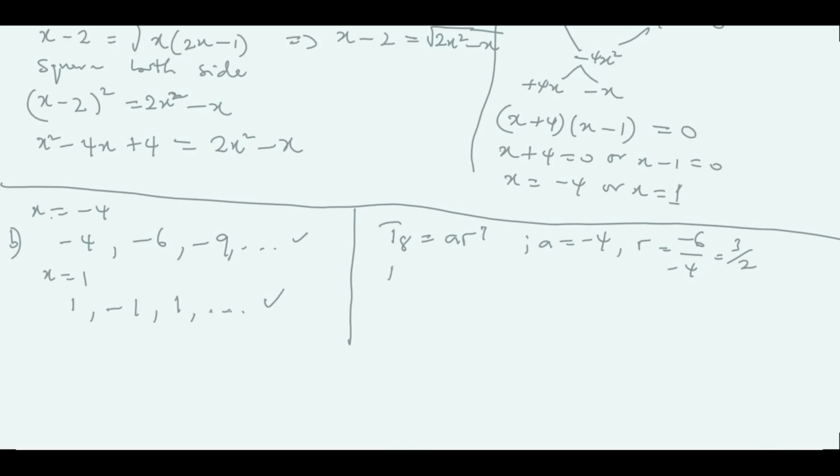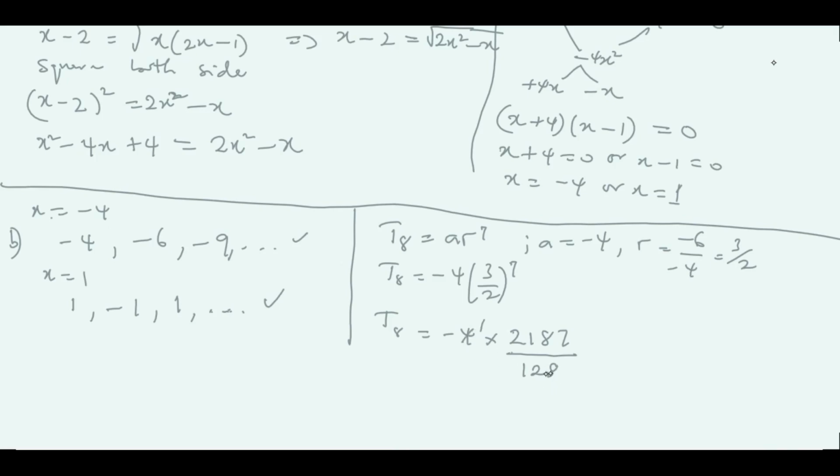So we put everything here. The eighth term will be equal to minus 4 into bracket 3 over 2, everything raised to power of what? 7. So we can now find the eighth term to be equal to what? Minus 4 times 2187 over 128, so 2 raised to power 7 gives 128.